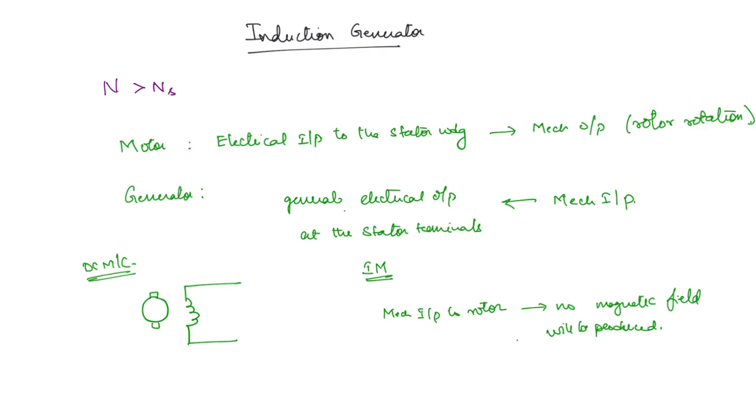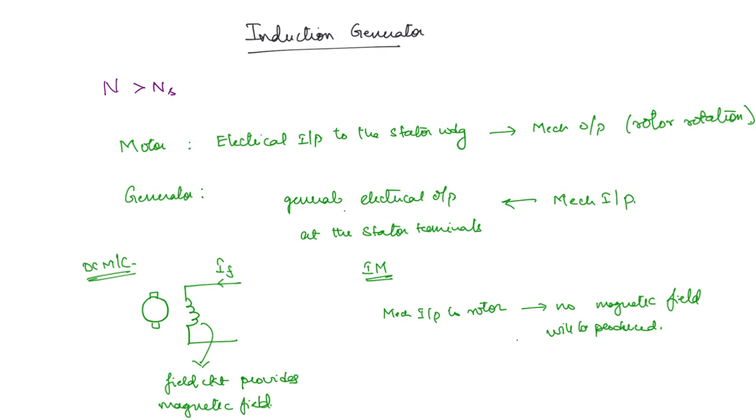In the DC machine, the field circuit will provide the field current, will provide the magnetic field. So this magnetic field along with the mechanical input will give you the generated voltage.